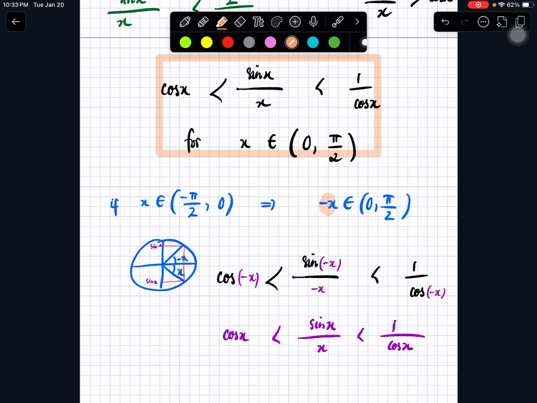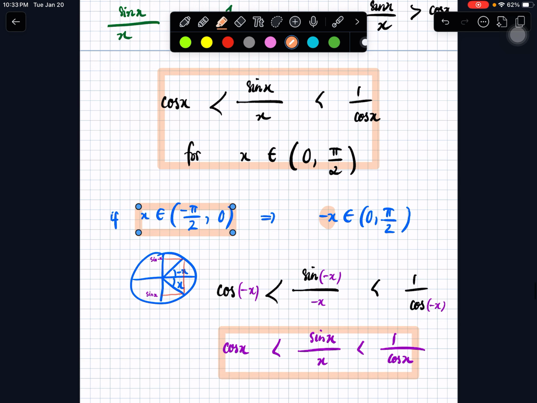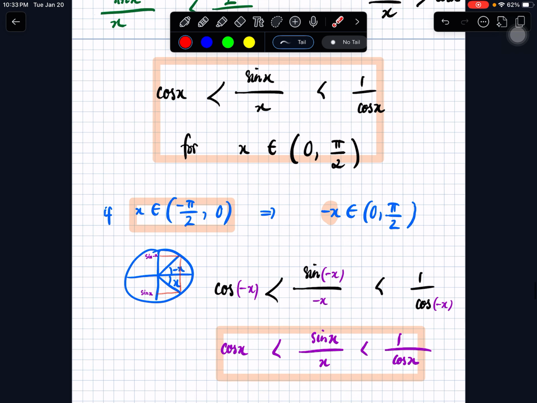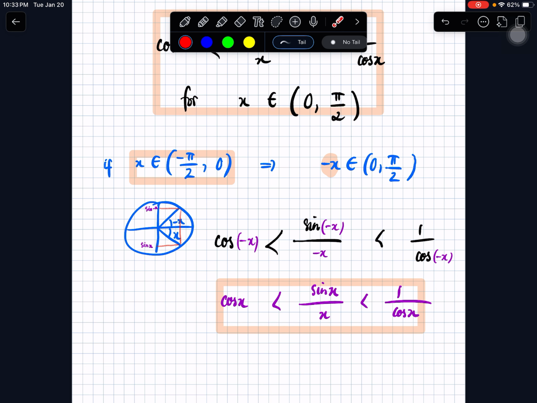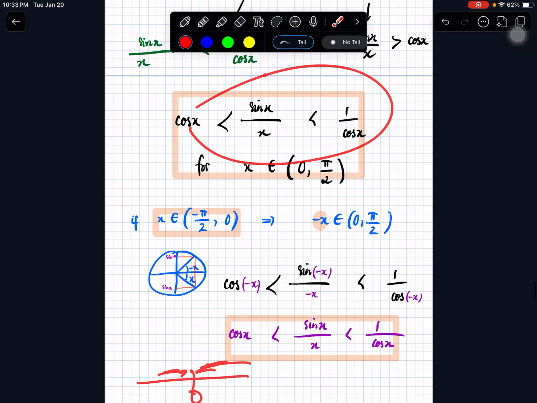And this is true for all x from 0 to pi divided by 2 and from minus pi divided by 2 to 0. So it is true for both when x tends to 0 from the right or from the left. The inequalities are still true.